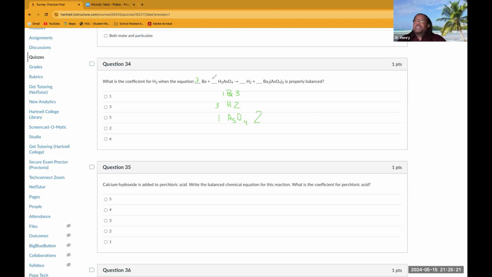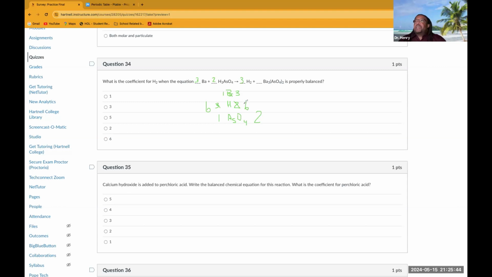So what do I need to do? If I put a 2 here, that'll give me a total of 6 hydrogens. So then I'll need to put what in front of here to balance it out? A 3. And that would give me my 6.